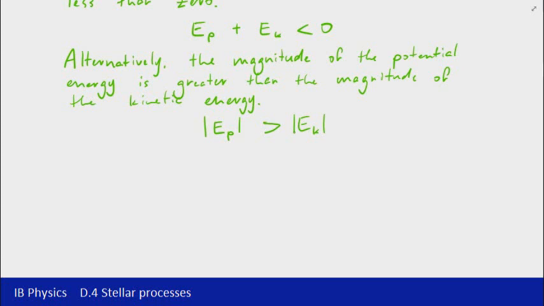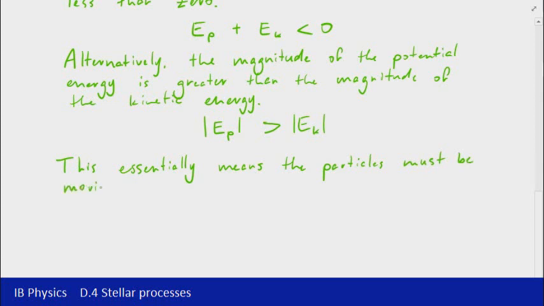So one other way to interpret this, for both of the ways we've expressed it, is that the particles themselves have to be moving slow enough so the kinetic energy is small enough, and we know that kinetic energy relates directly to speed.